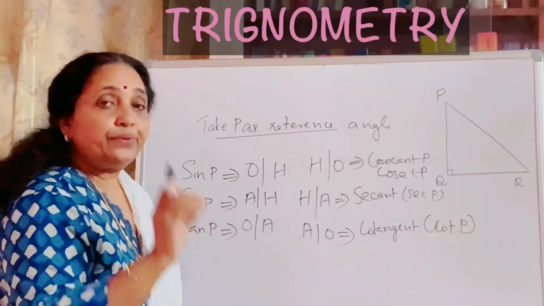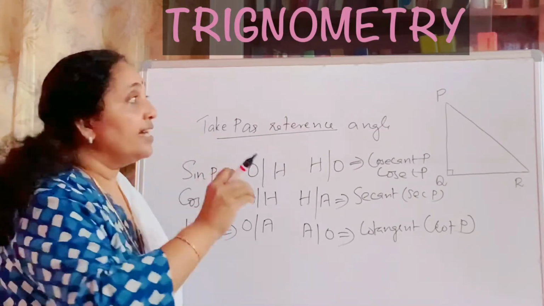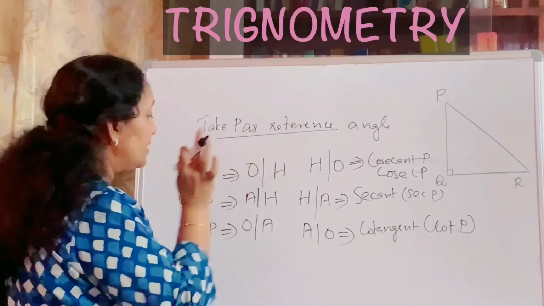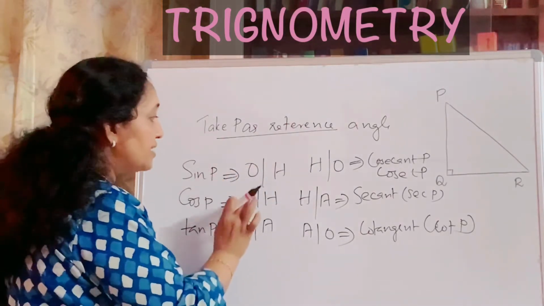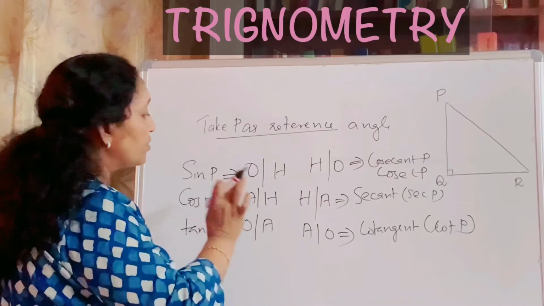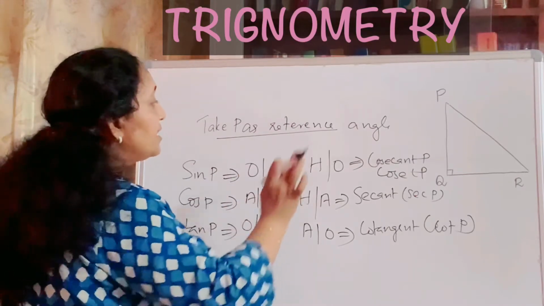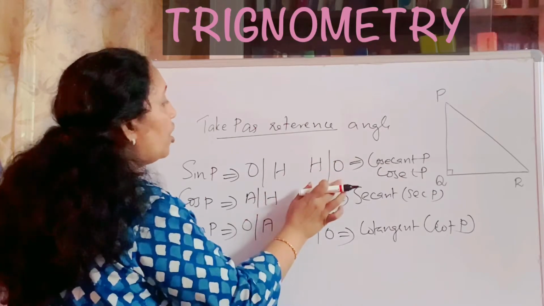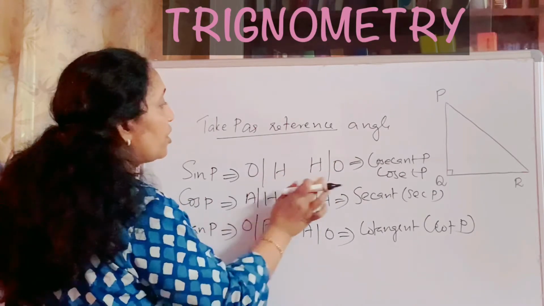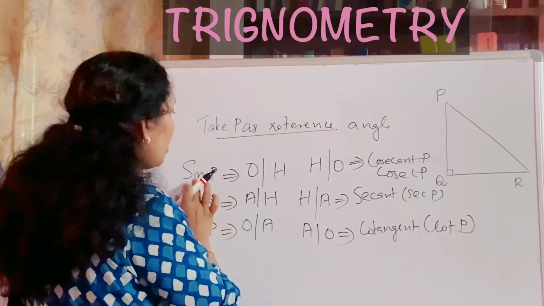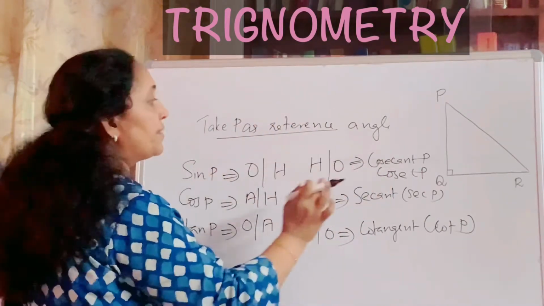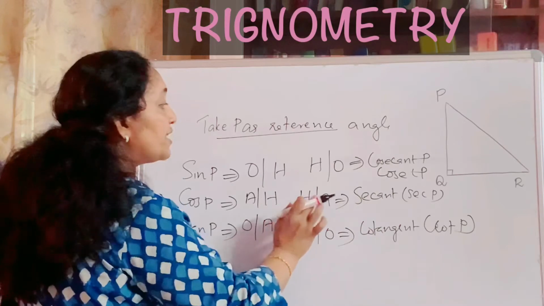So with respect to any acute angle in a right triangle, sine is opposite side by hypotenuse, cos is adjacent side by hypotenuse, tan is opposite side by adjacent side, and cosec is hypotenuse by opposite. That means reciprocal of sine is cosec. Then sec is hypotenuse by adjacent.